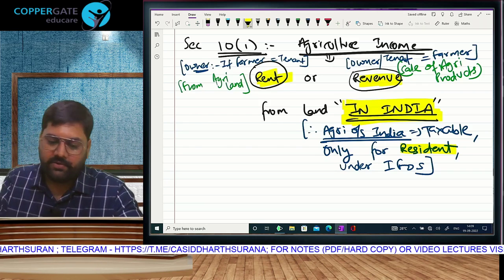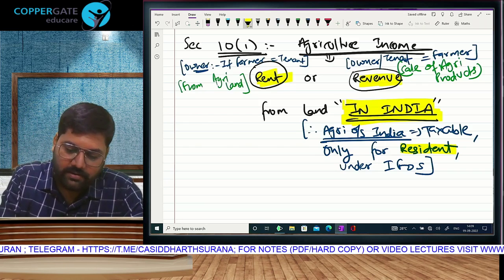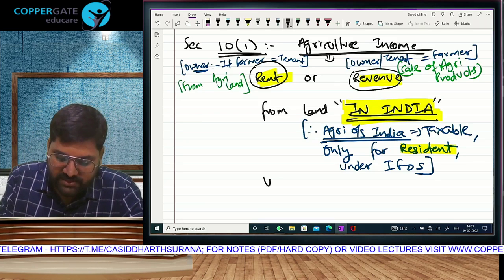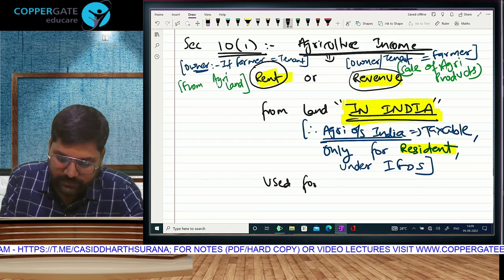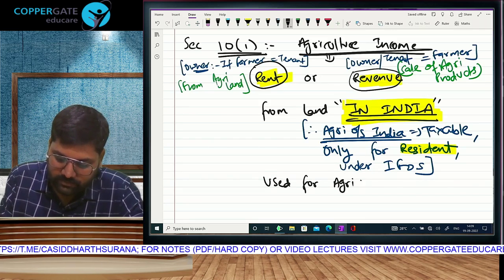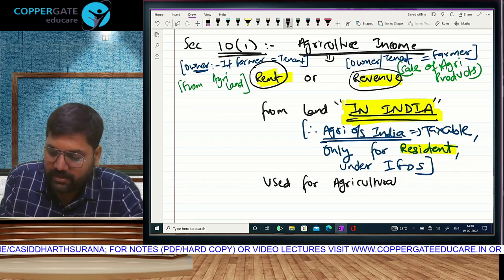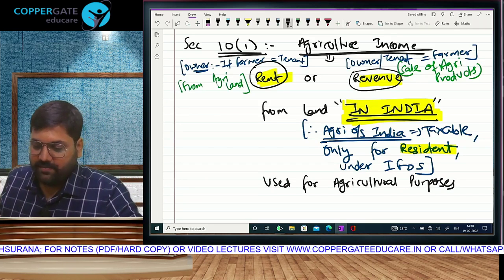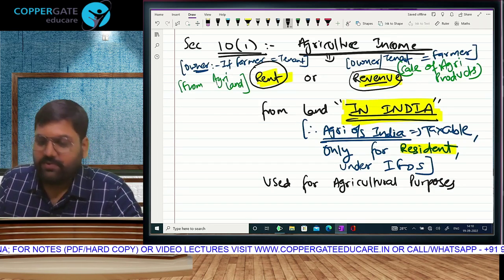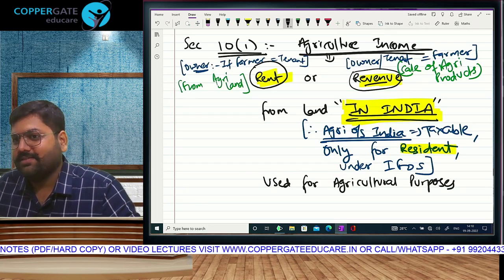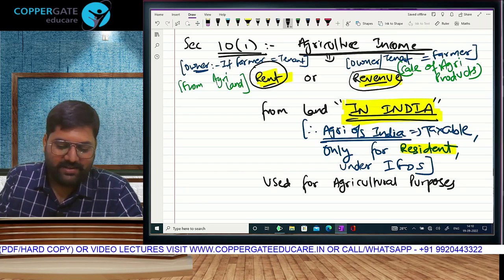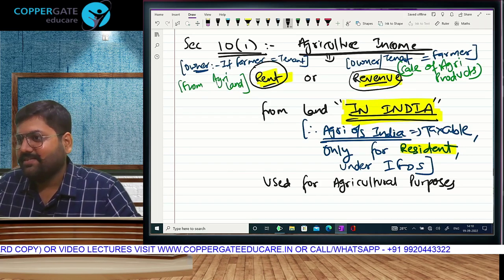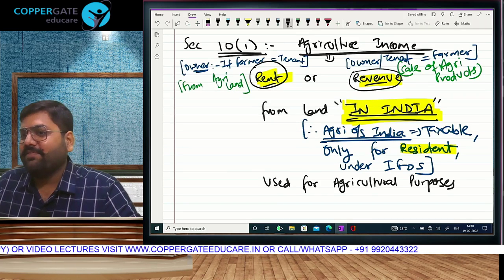So rent or revenue from land in India, which is used for... Without this, how can we say it is agriculture income? Imagine, I said revenue, but we never used the word agriculture. We said rent, but we never said agriculture. We said India, but we never said agriculture.